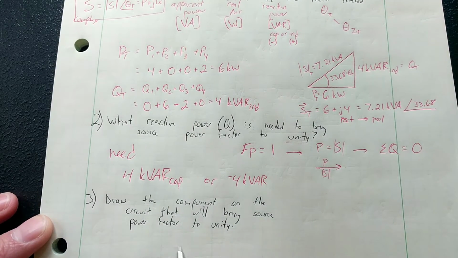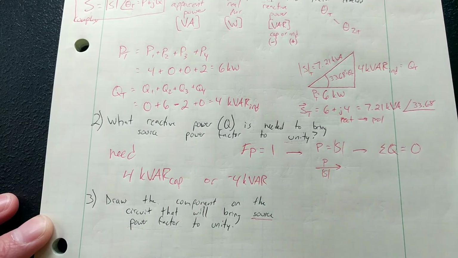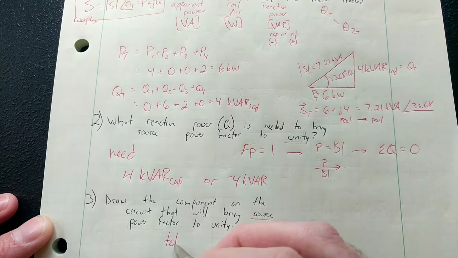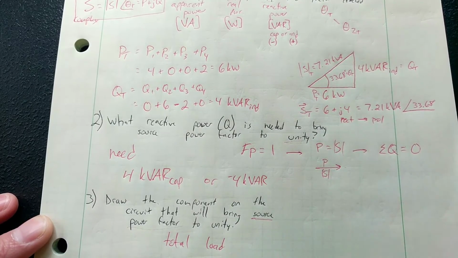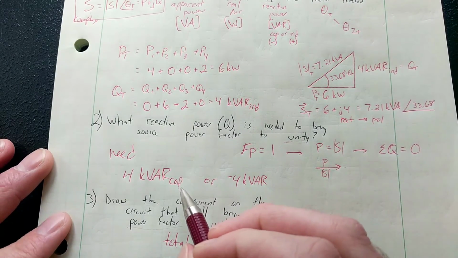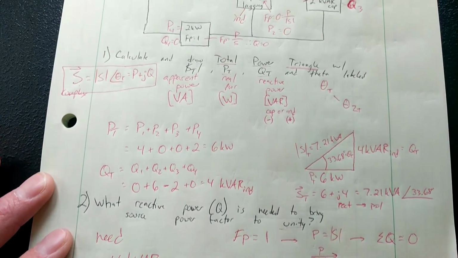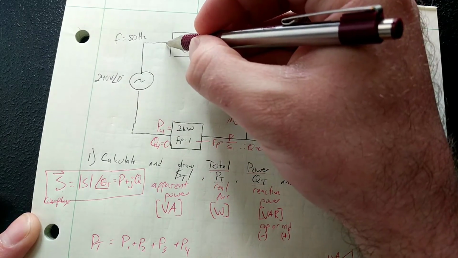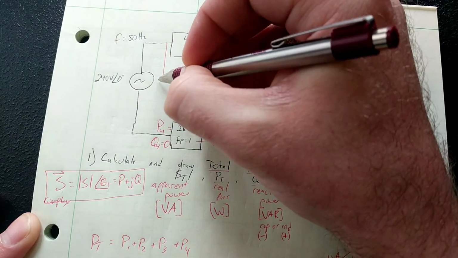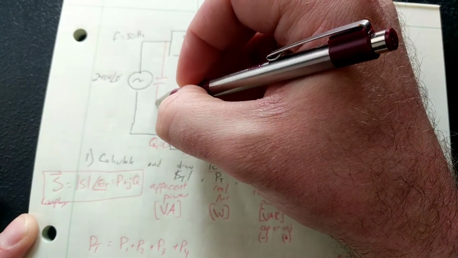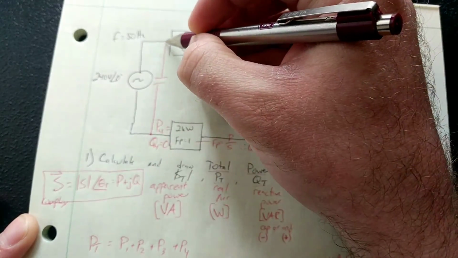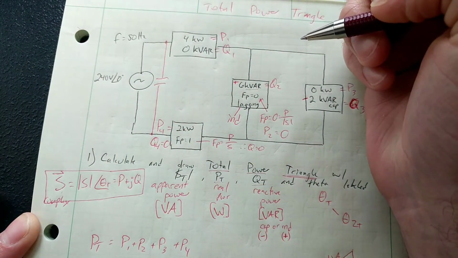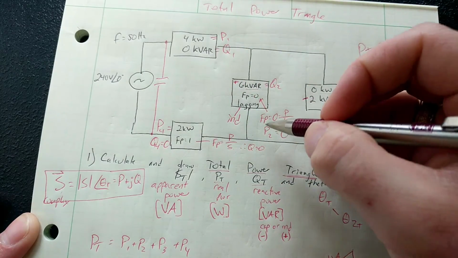And the last step is I want to draw the component that will bring the source power factor to unity. That's another way of saying I want to correct my total load. Since I will be adding a capacitor, I will draw my capacitor in parallel with my source or with my total load.